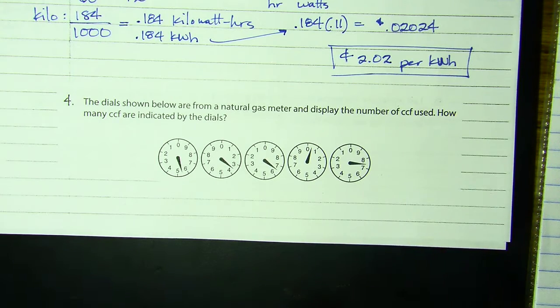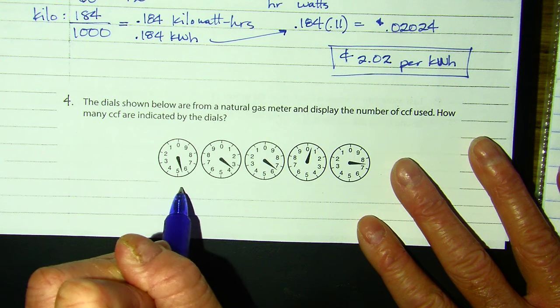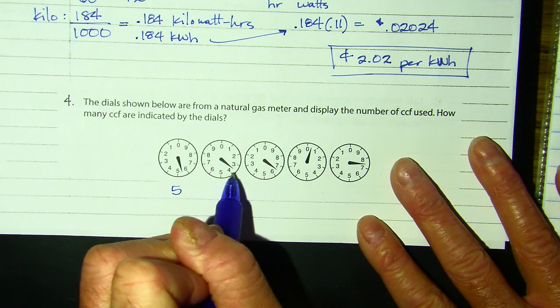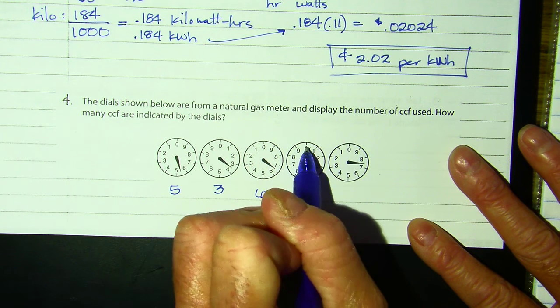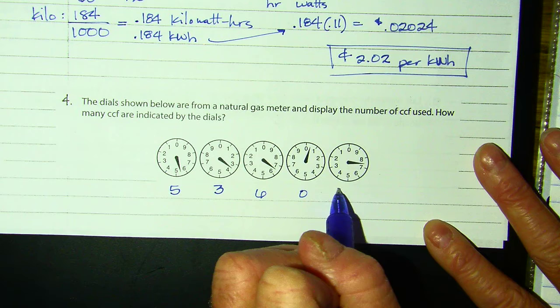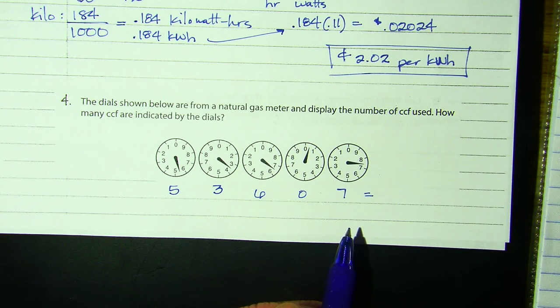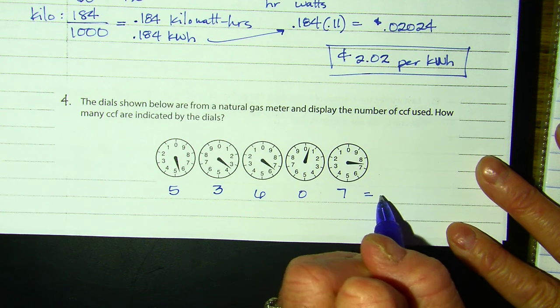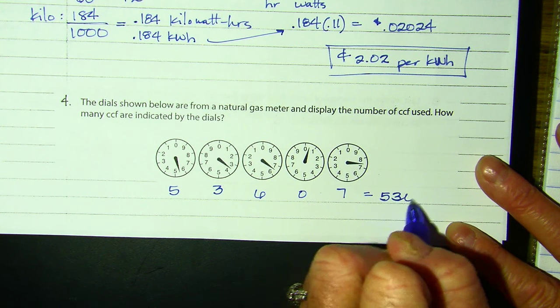Next is another meter. Pick the smaller of the two. Because this is between 5 and 6, I pick 5. 3 and 4, so the smaller. 6 and 7. 0 and 1, so 0. And between 7 and 8, 7. So I would have 5,367.